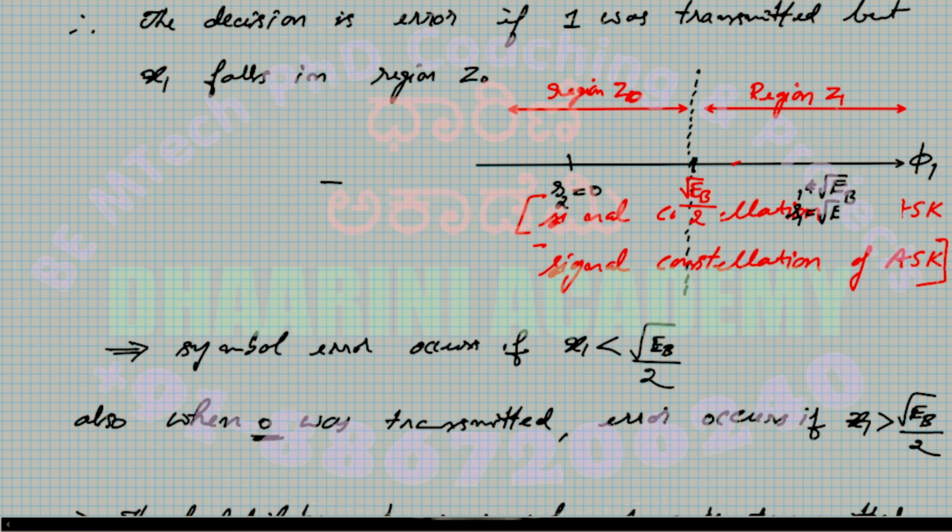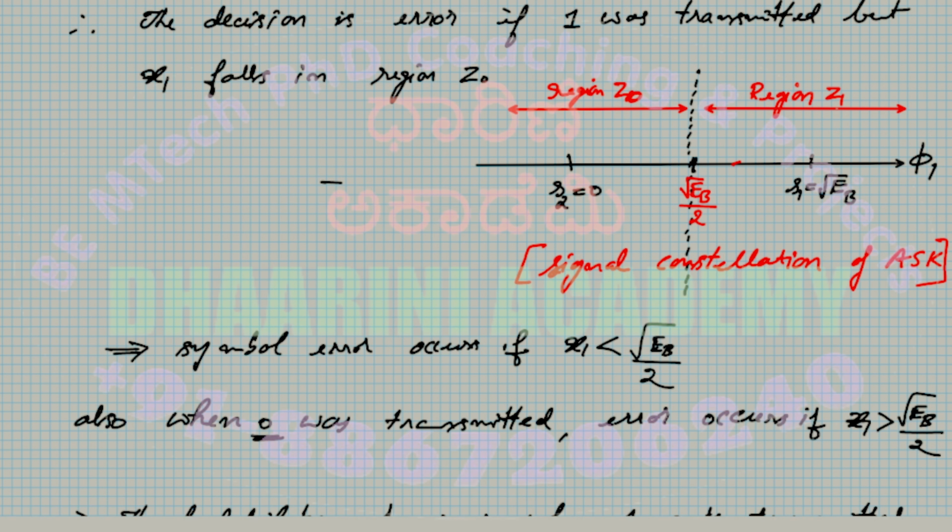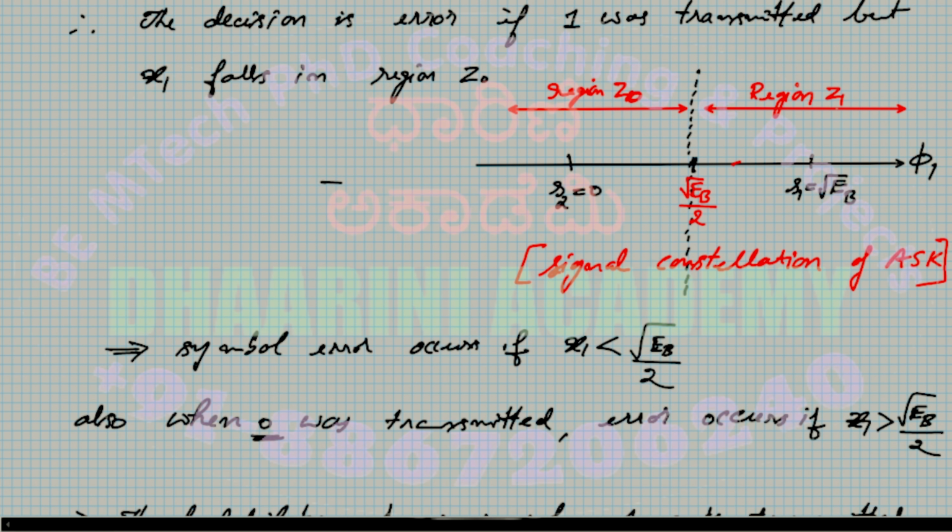You can consider the previous equation, because previously I was looking at region z naught. So identify the range of z naught, and the answer was minus infinity till root Eb by 2. That is region z naught, all the way from minus infinity till root Eb by 2. Now I want the error with respect to 0. So if your sample x1 is in region z naught, that is not an error. Okay, so that's the answer.